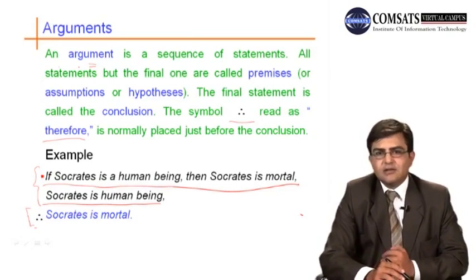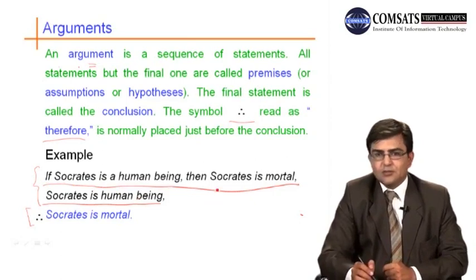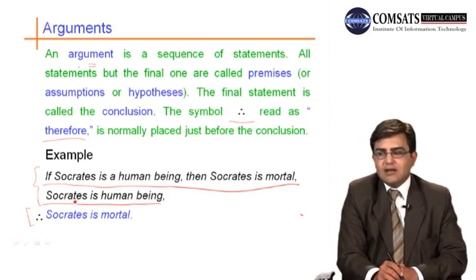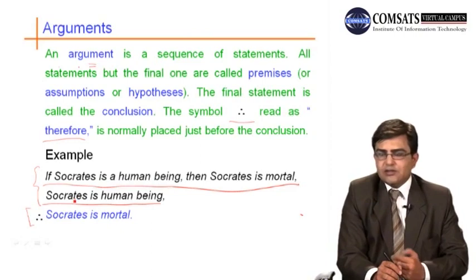So in an argument we usually have a sequence of statements. On the basis of the truth values of these statements or premises, we draw some conclusion. The statement "if Socrates is a human being, then Socrates is mortal" as a whole is true. As a whole is true means, you know the conditional statements.